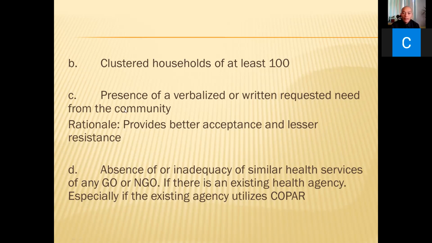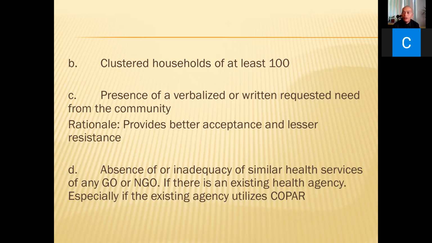Letter C, presence of verbalized or written requested need from the community. This is a very good criterion in choosing. If the community itself is writing to the organization or to the school saying, good morning, Ma'am Magbilang, we are from the community of Mr. Gonzalez and we would like to request, we have learned that you have been sending nursing students in Kapangan to give health services.